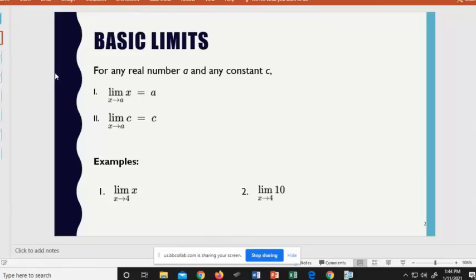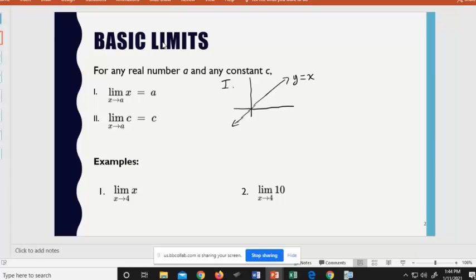Okay, so let's see why this is true. And to do that, I like to think of what the graphs of these functions look like. Okay, so for this first one, this particular function is y equals x, which is a line that has a slope of 1. It would pass through the origin, right? So this line, y equals x.